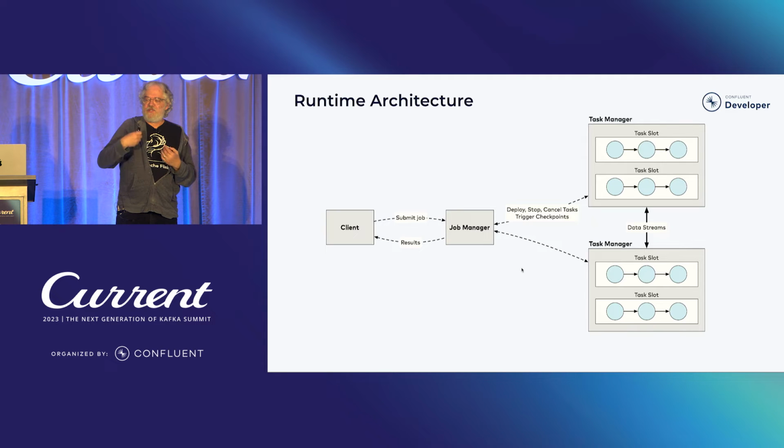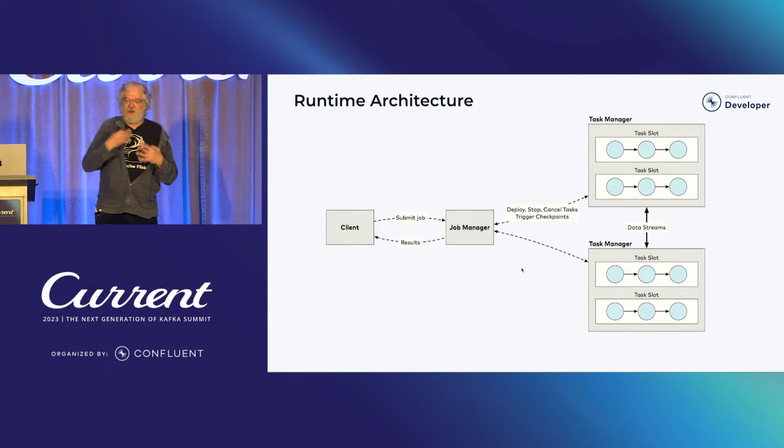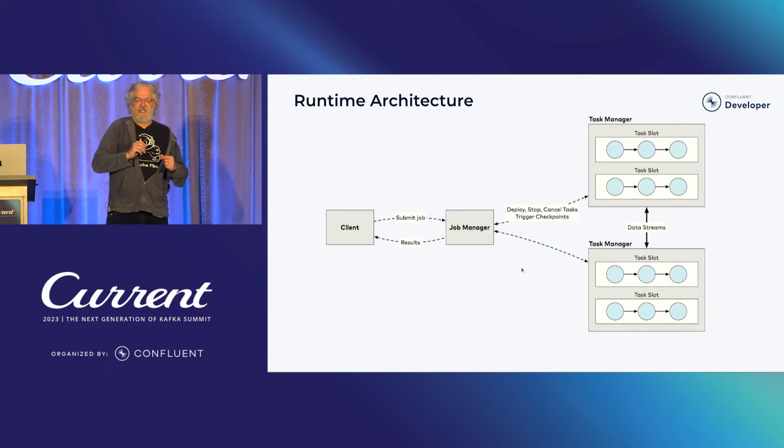And these task managers provide the compute resources to make things happen. So they provide the memory and CPU and network connections and so on. And all of the data flow happens in between these task managers. And the job manager is just sitting alongside that, making sure that everything is still running, restarting task managers as needed, and so on.